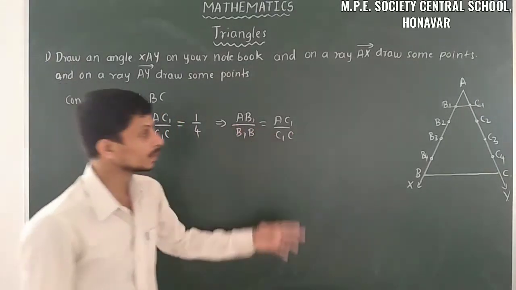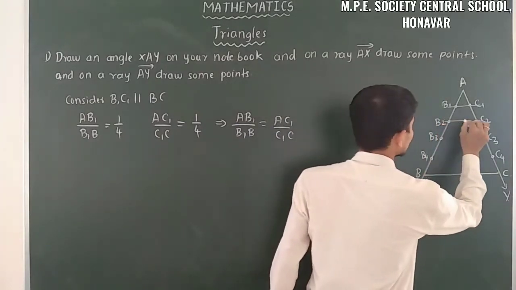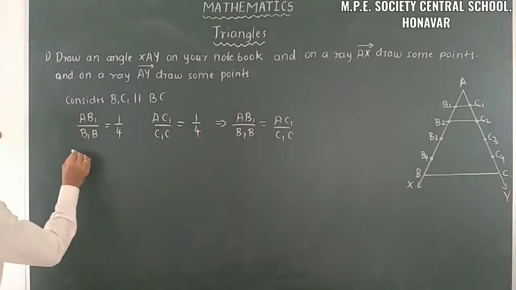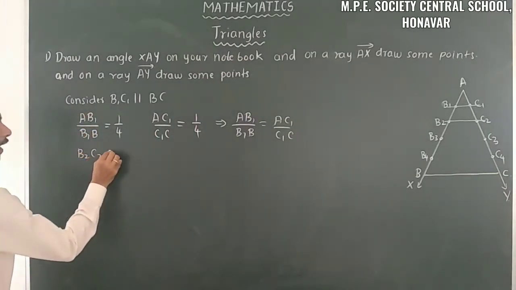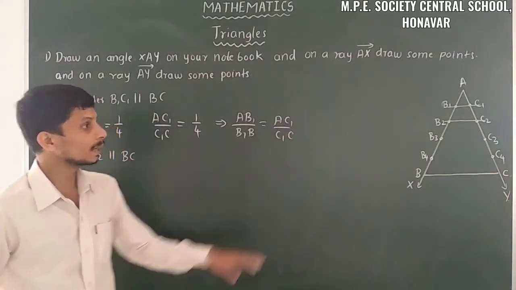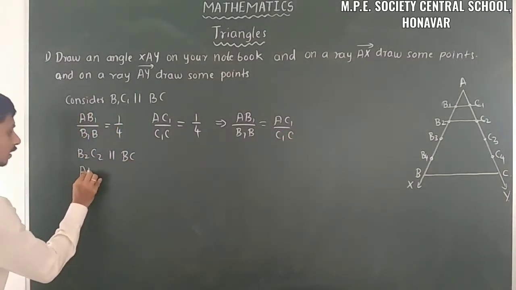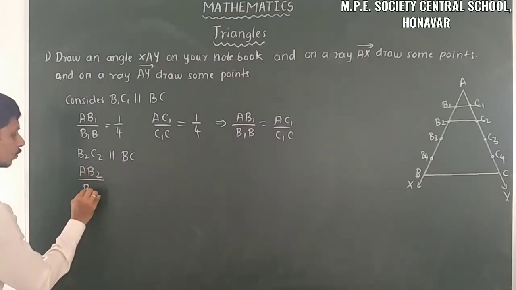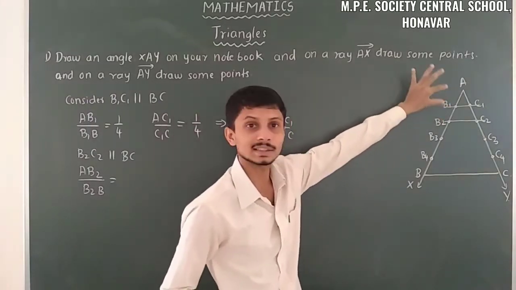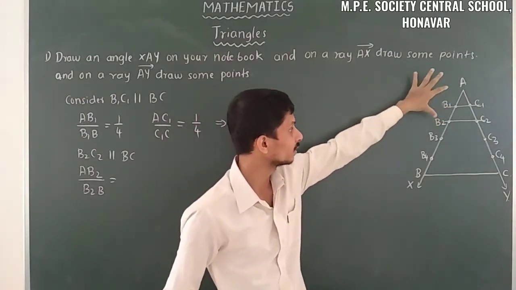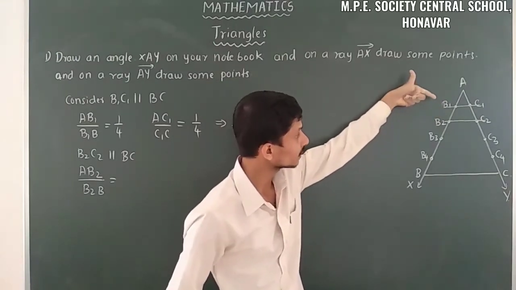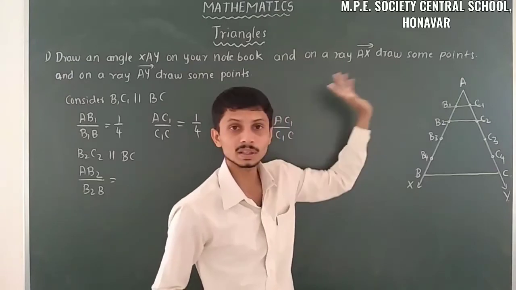Then let us consider B2C2 here. B2C2 is parallel to BC, so here also we take the same ratio, AB2 by B2B. Here AB2 means there are 2 unit distances above from A to B. AB1 is one distance and B1B2 is another distance.